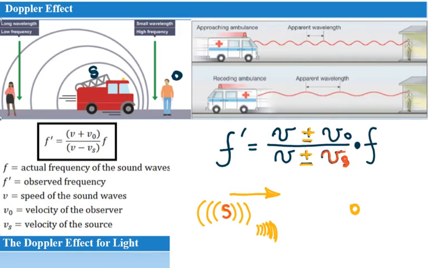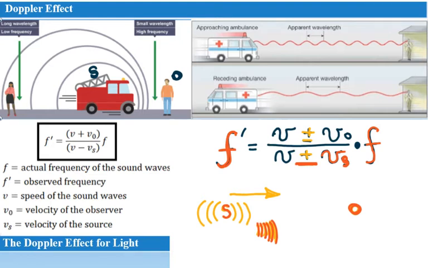And you need to make the new frequency higher because the wavelengths are going to be shorter. So to make the new frequency higher compared to the old frequency, you have to subtract the velocity of the source. And because the observer is not moving, you just add a 0 over there.